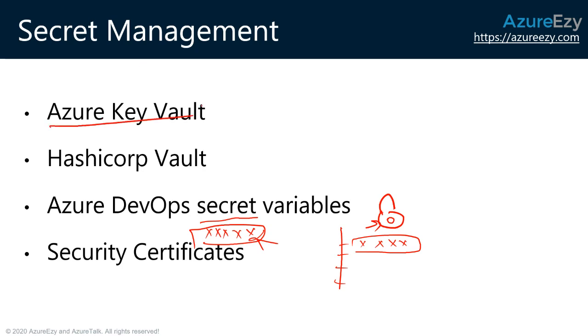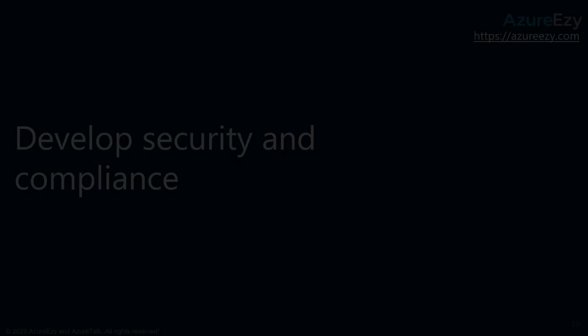You host them there, and then refer to Azure Key Vault to provide those certificates to the services as and when required. So certificate is also one of the very widely used ways to manage secrets or authentication information in a proper way.